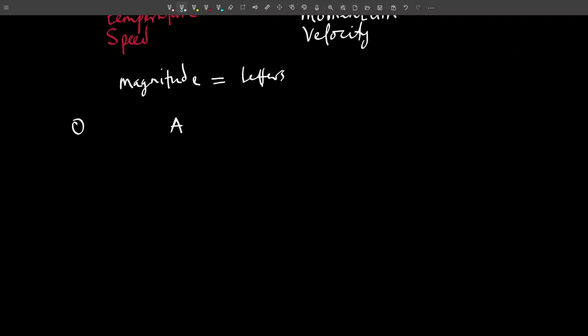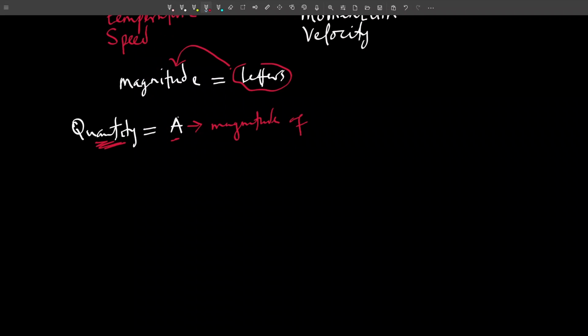So we have a quantity. I said the quantity is represented as A. So A is a letter, right? So I said now that letters represent magnitude. That means that this A is representing the magnitude of this quantity.